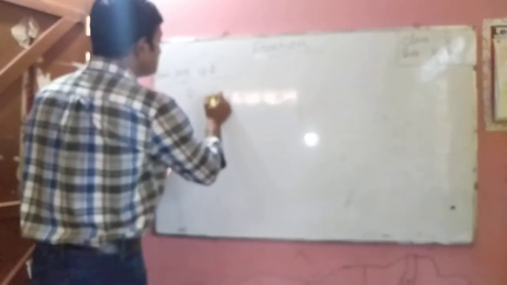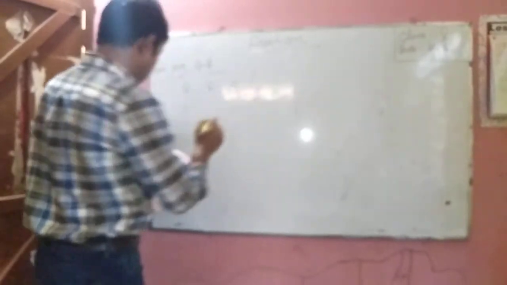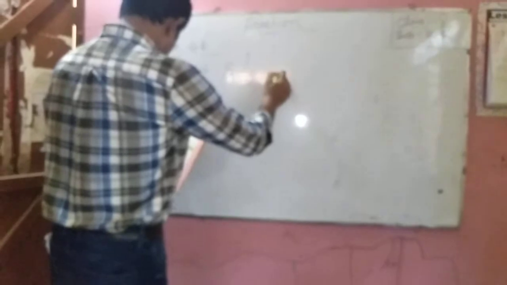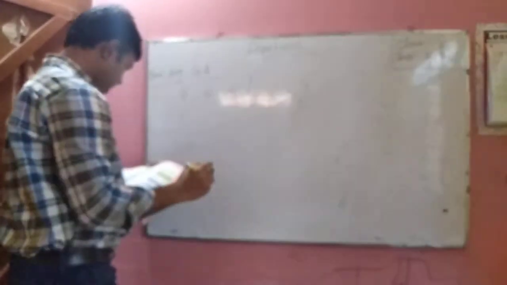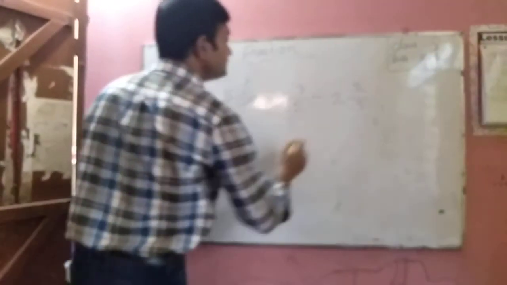Okay, we'll solve number 6. 5 and 1 by 15 minus 1 and 3 by 5 minus 2 and 2 by 3.